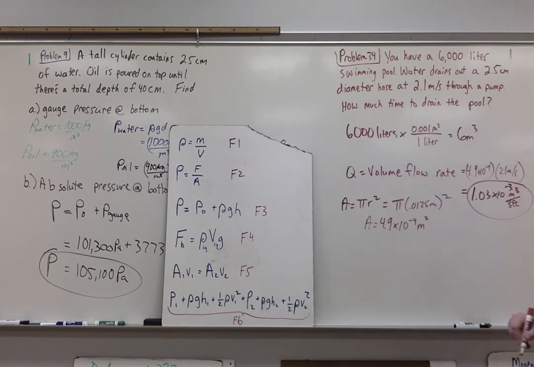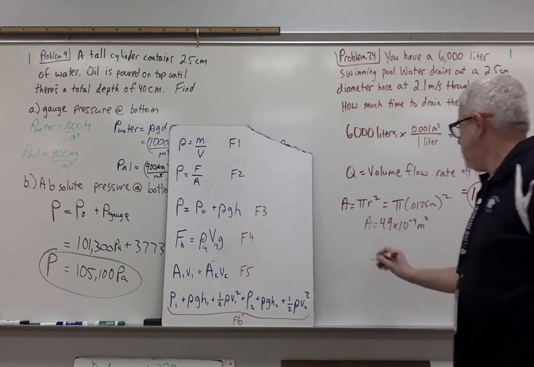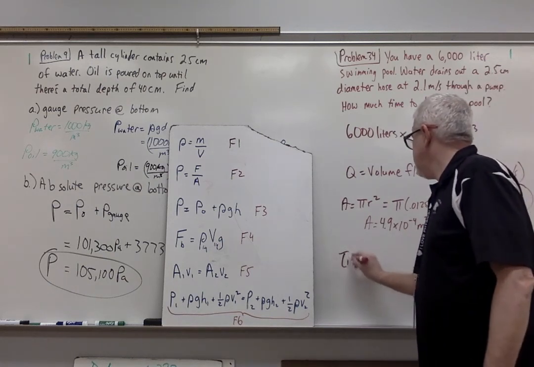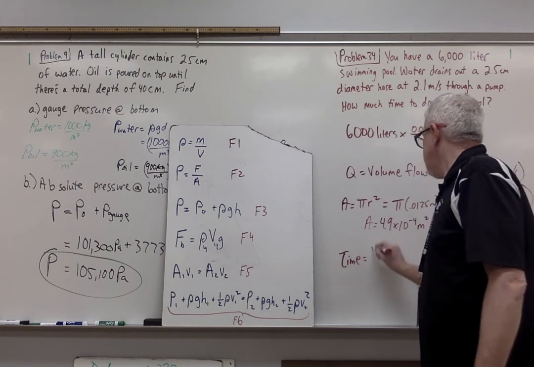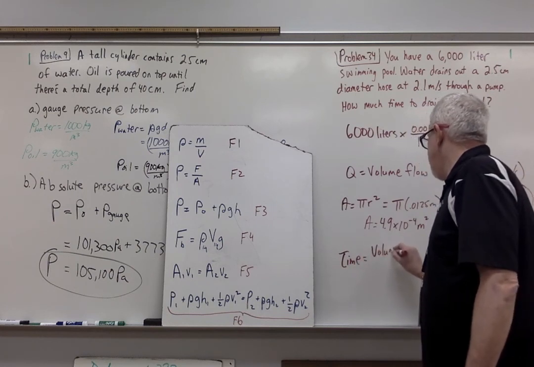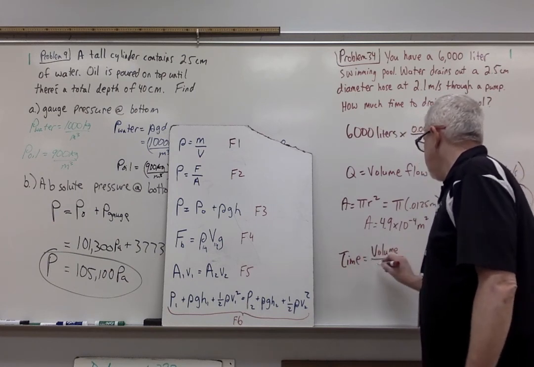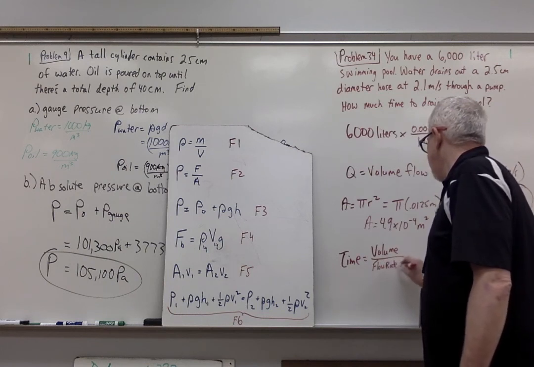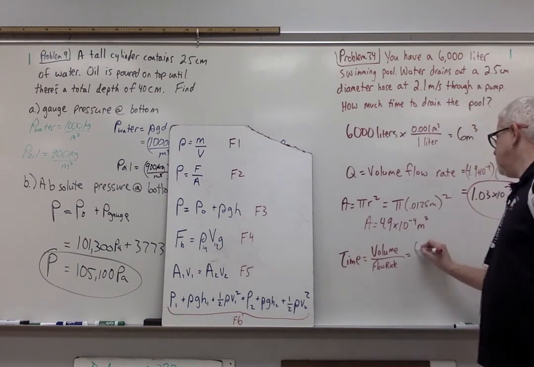So in this particular case, now I know my flow rate and I know my volume. So I could say that time is equal to volume divided by rate. I've got 6 cubic meters.